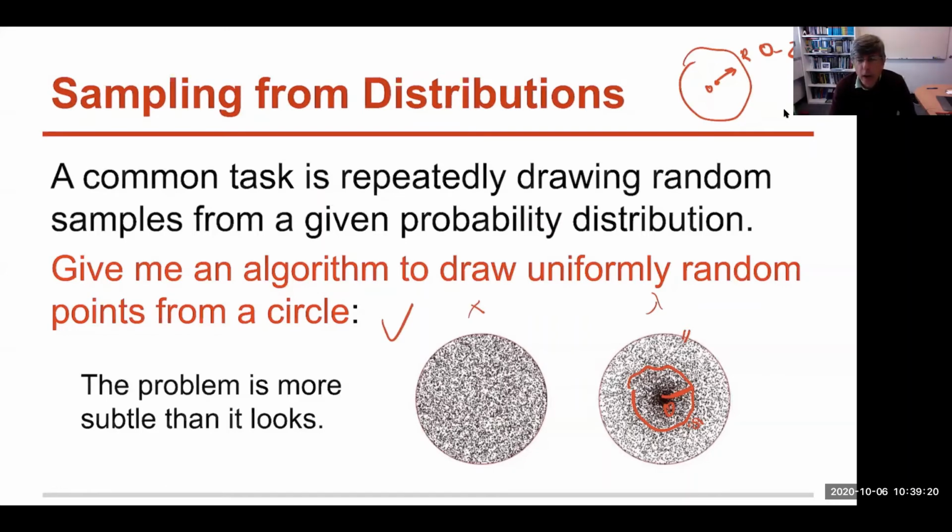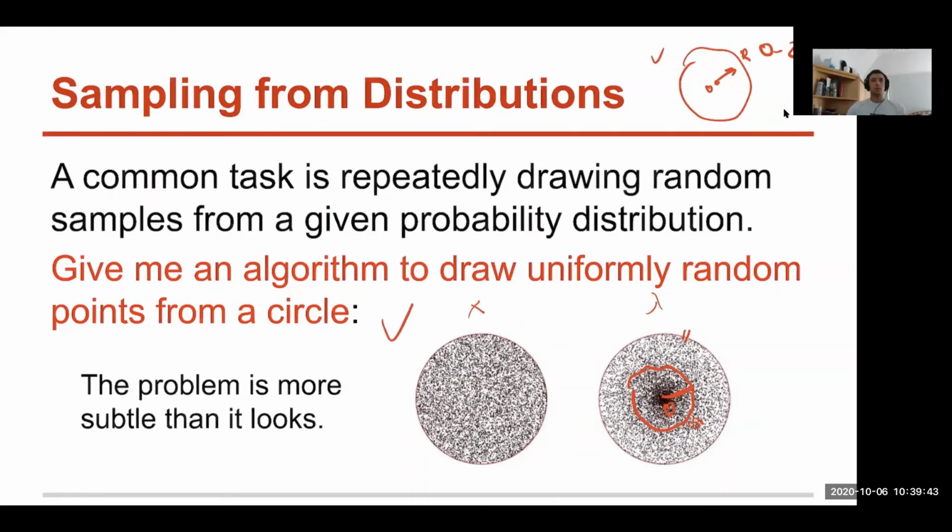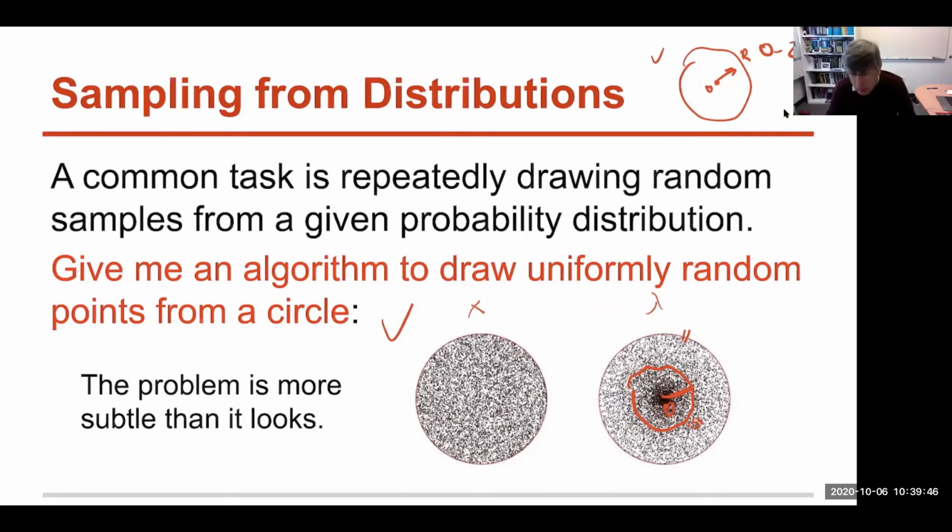What fraction of the time, when we did the polar thing, will the sampled radius be between 0 and 0.5, of all the times that we did the sampling? Let me go back and say that again, since that may have been confusing. If I'm sampling the radius between 0 and 1, and it's a uniform random number between 0 and 1, half the time the radius is going to be less than a half. Does everybody agree with that?